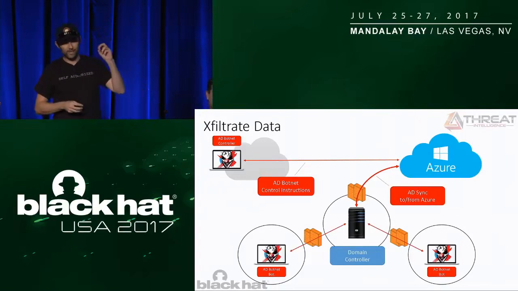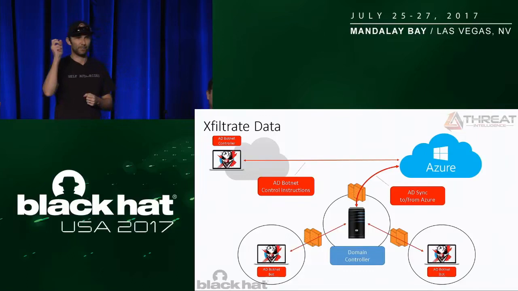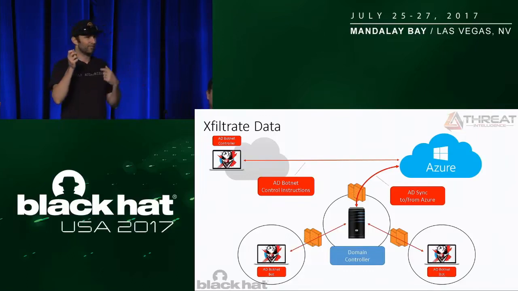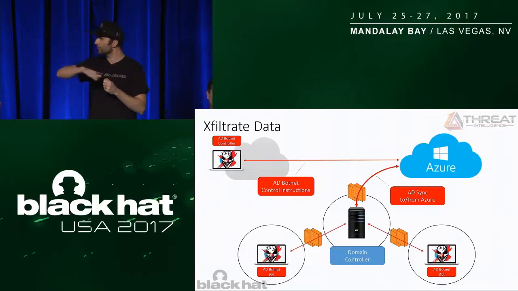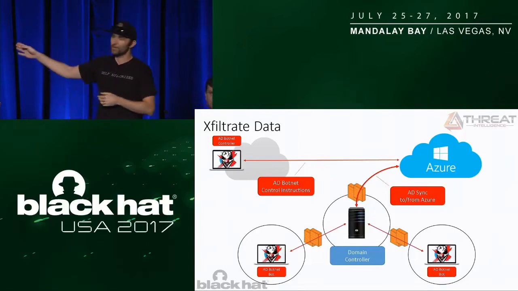At that point, the bot on the left-hand side sets up a socket, and he can say, I want to port forward this socket through Active Directory to the bot on the right-hand side, as if it's just a TCP connection, and then can instruct that bot on the right-hand side to start connecting to any other system in its network.